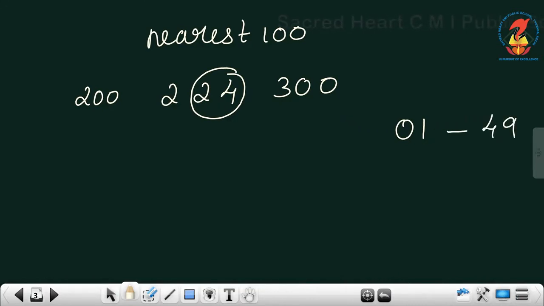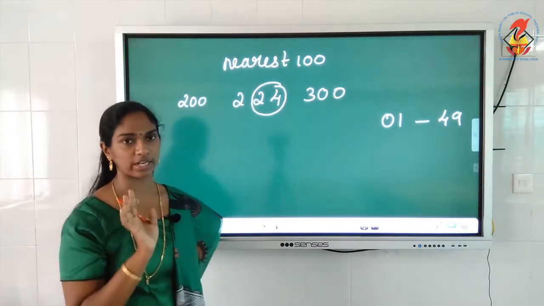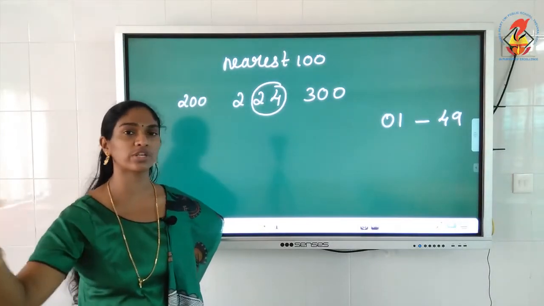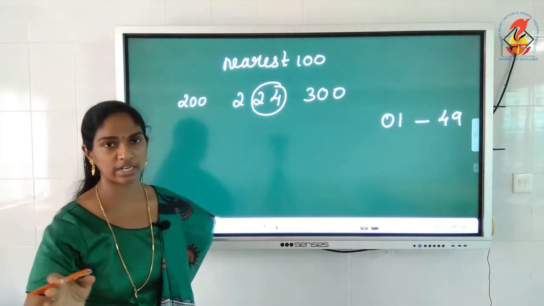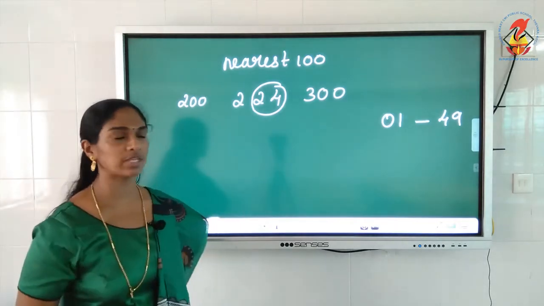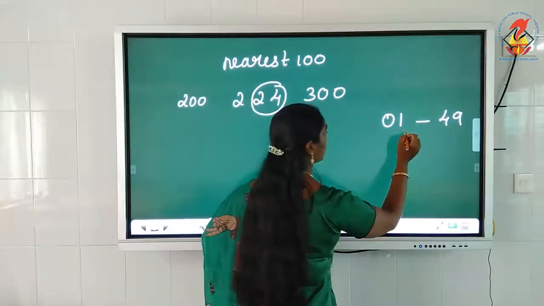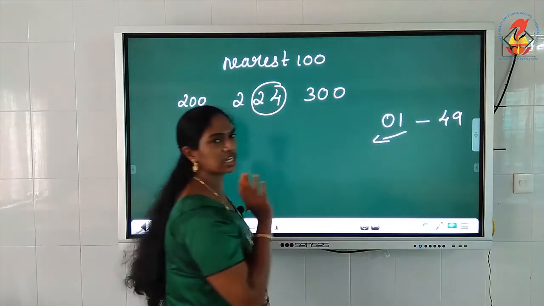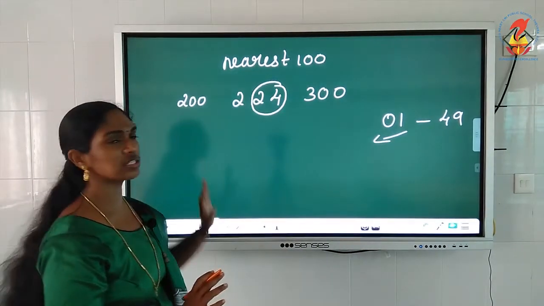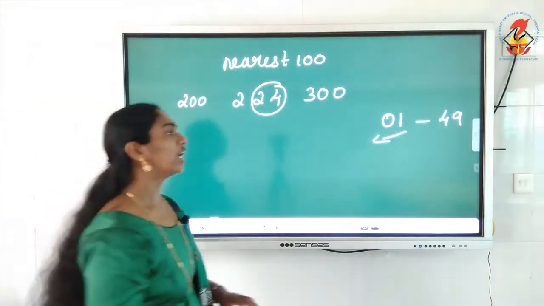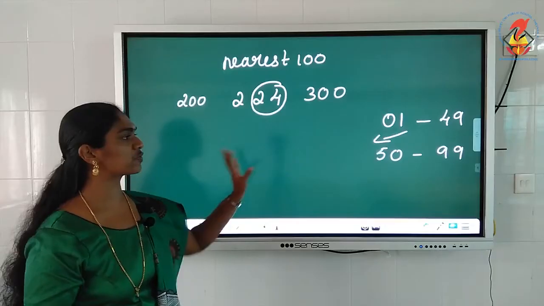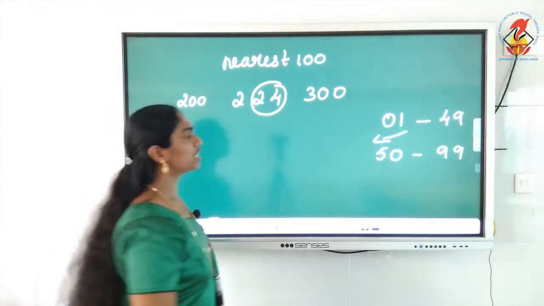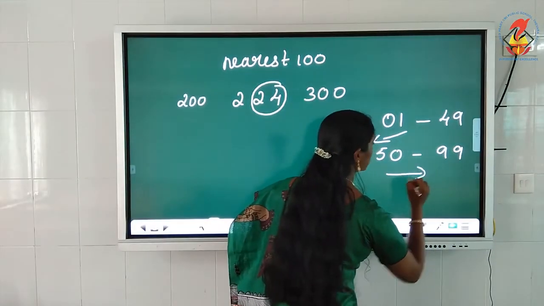If the last two digits are from 00, 01 to 49, that is 01, 02, 03, 04, 05, 06 and so on till 49, then it will be rounded to the first 100. So your first 100 is 200 over here. If the last two digits are from 50 till 99, then it is rounded to the next 100.